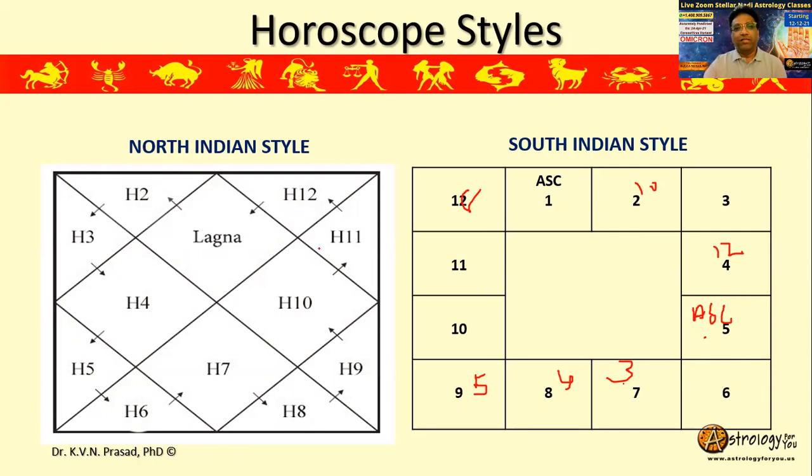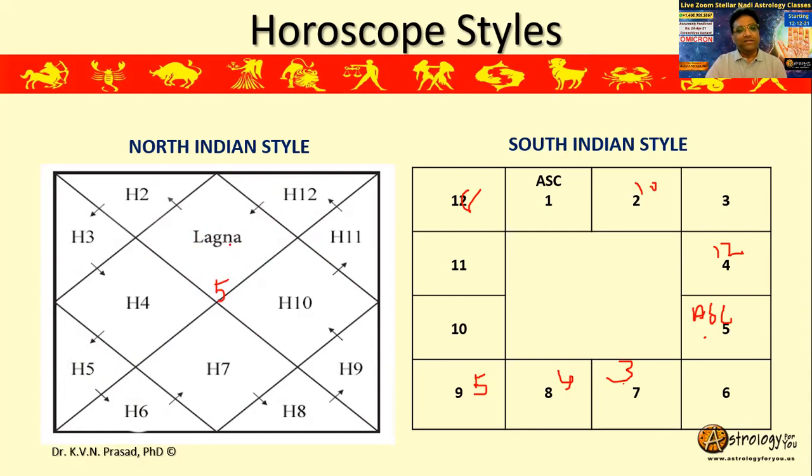When it comes to the North Indian style, it is called the moving zodiac. That means in their chart, this place is always lagna. If somebody is born in Mesha lagna, then here they will write 1. If somebody is born in Leo lagna, then they will write 5 here.